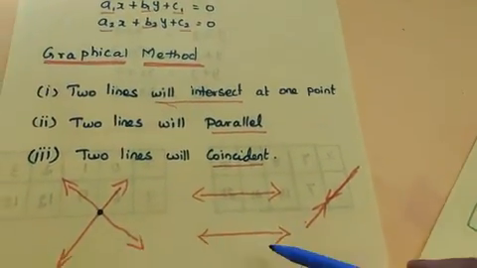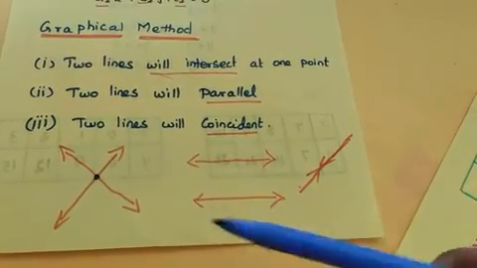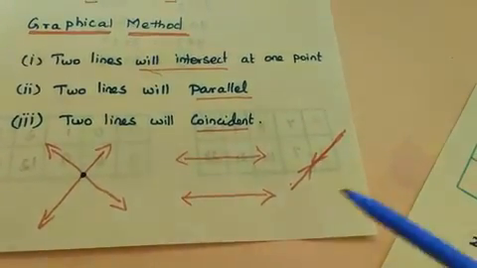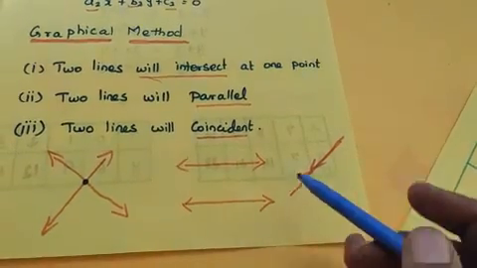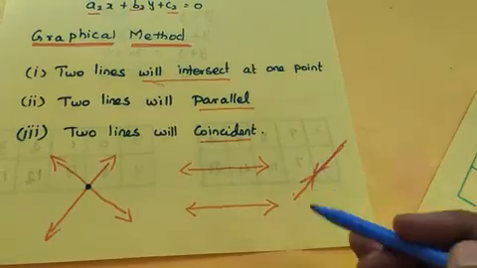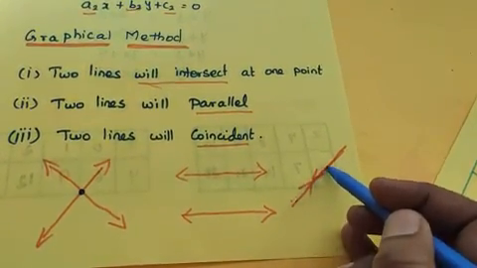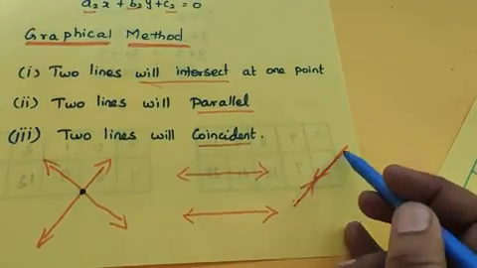And in parallel, they are not meeting each other, so there is no solution at all, right? If you take coincident, both lines are one over the other, both are mingling, so all the points become the solution for this equation.